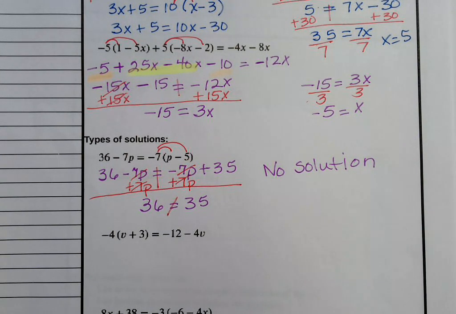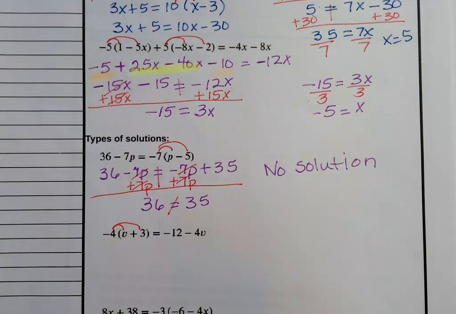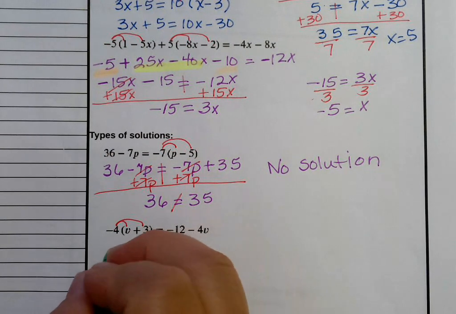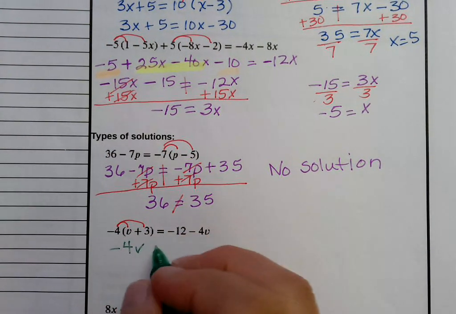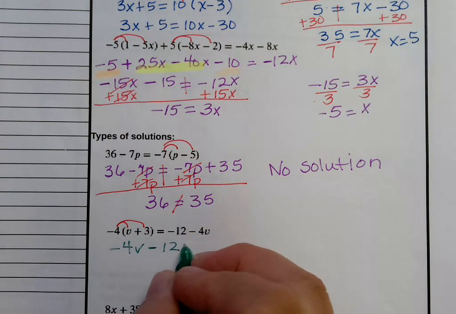Because you've got two numbers that are not equal. You've got a statement that you end up with that can never, ever be true. Okay, let's look at the next one. Once again, we have to distribute. -4 times v is -4v. -4 times +3 is -12.